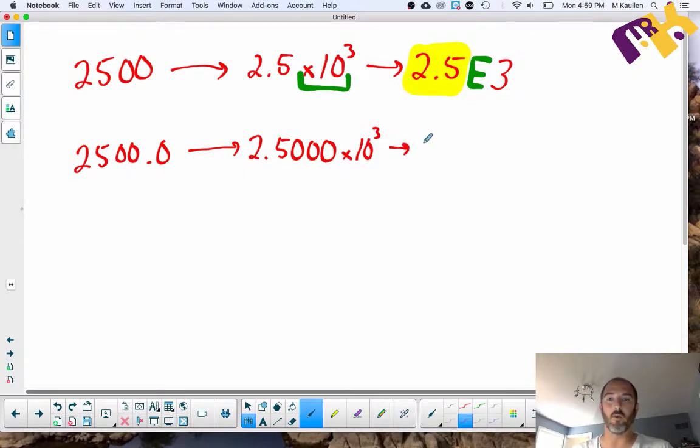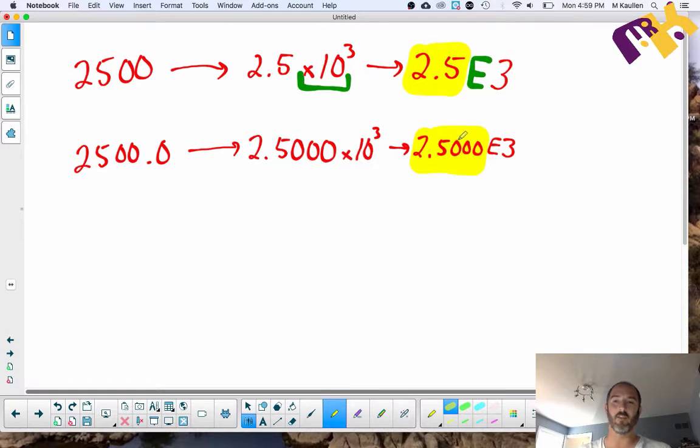We can also rewrite this as 2.5000 times 10, this big E raised to the third, right? Notice that this then shows us that this number has 5 sig figs, because that's what the coefficient is. So in a number in proper scientific notation, the coefficient will have the number of digits equal to the number which are significant.